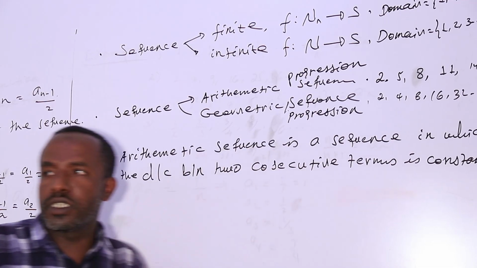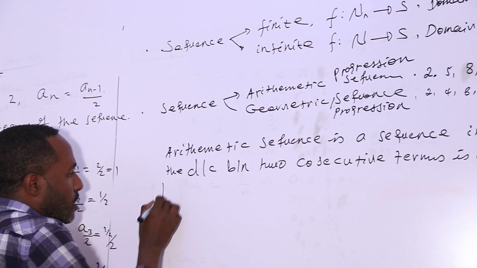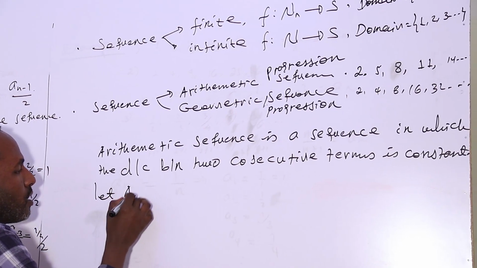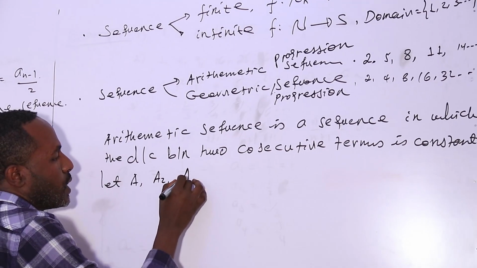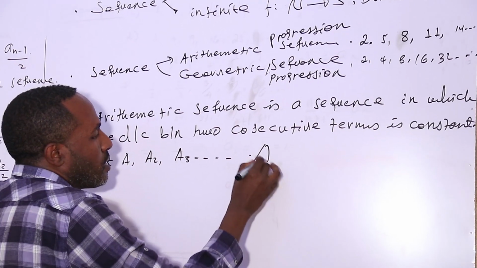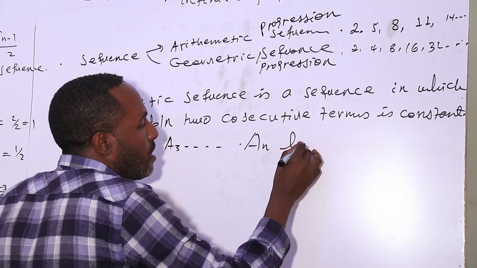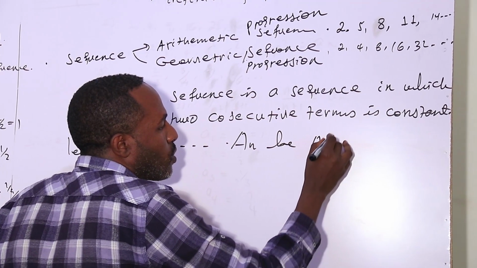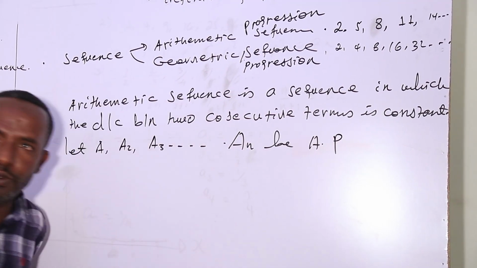What we call the constant, which means let it be here, let A1, here A2, and A3, and etc. Let A_n be an arithmetic sequence or arithmetic progression, we can say.